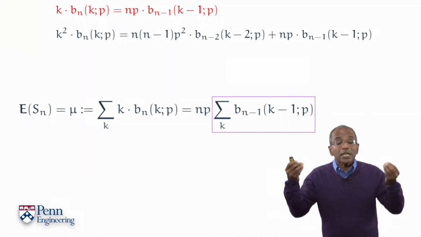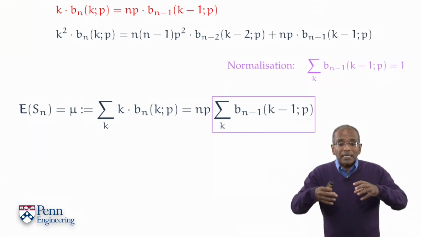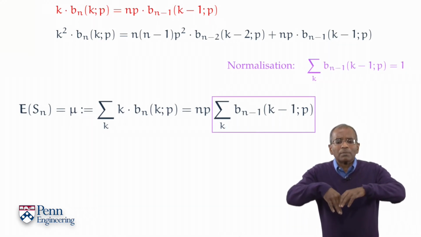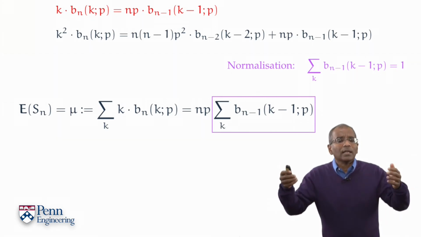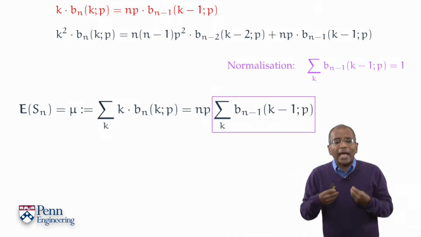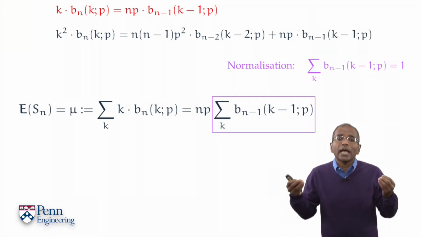And the normalization of probability measure tells us that this sum must be exactly 1. And so the sum just vanishes quietly like the snows of yesteryear. And what remains is simply np times 1, or of course just n times p.